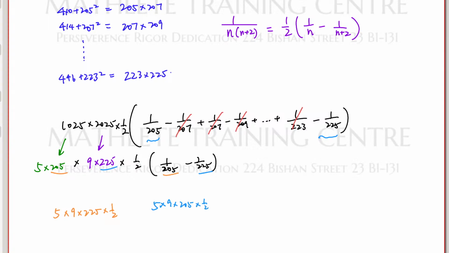And I want to subtract the two of them. And you can see the only bit of difference within these two expressions is the 225 minus away the 205. So that will be a difference of 20, right? So this is a 5 times 9 times 20 times a half. And therefore, 20 times a half is 10. This is equals to 450 as the final answer.